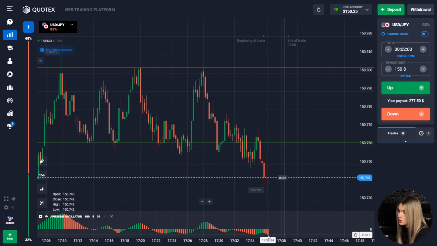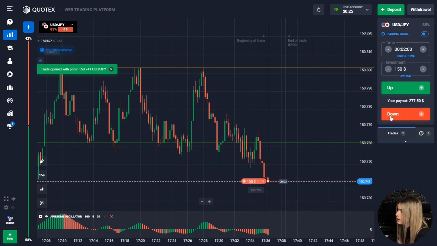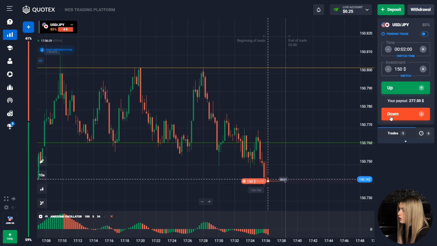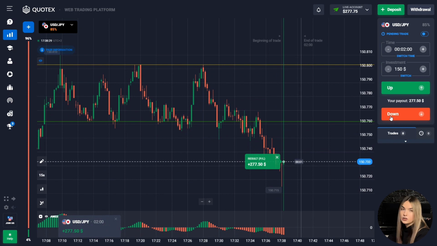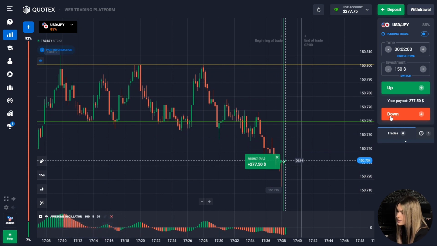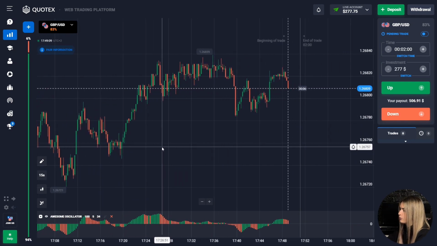So guys, in such a situation, I will open a deal to go down. I think the price will continue to fall. As you can see, the chart continues to go down, thus our deal closed with a profit, guys, and we earned. Now let's find the next entry point.